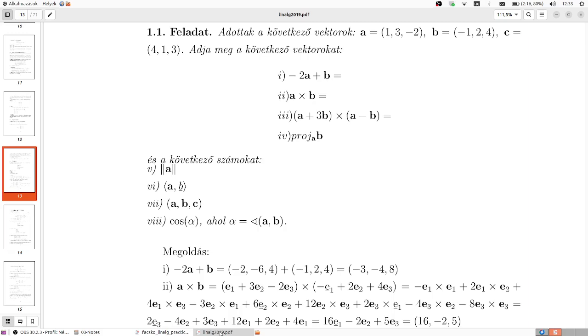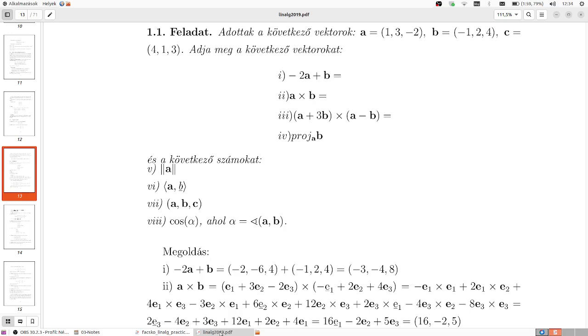Okay, so the next question is the triple product of A, B, and C. That is A cross B, scalar product C. That is good because we have A cross B. And the C is 4, 1, 3.